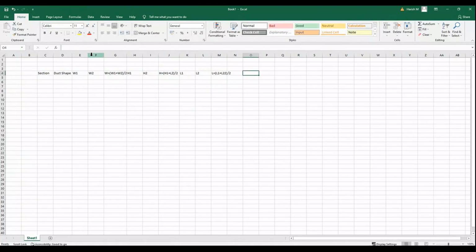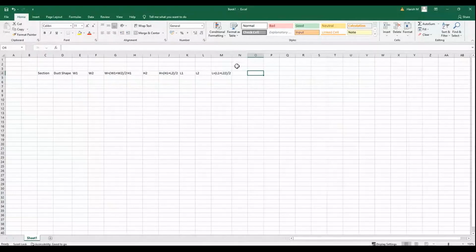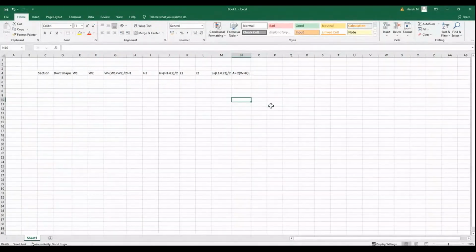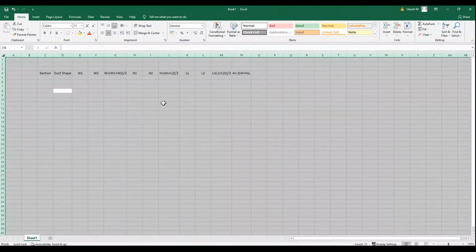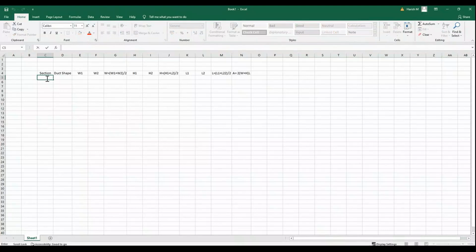Therefore, area. What is the area formula? Area A equals 2 into width plus height into length. So now this is the formula we have, right? Okay. Next, instead of section, we'll take serial number.